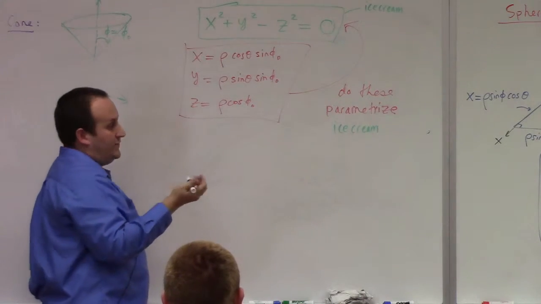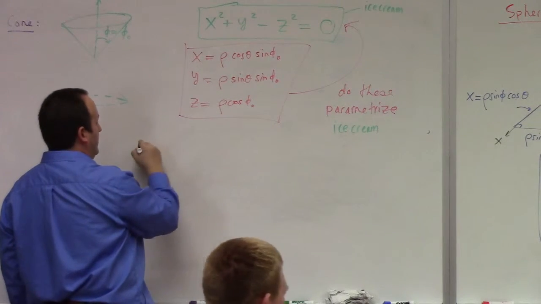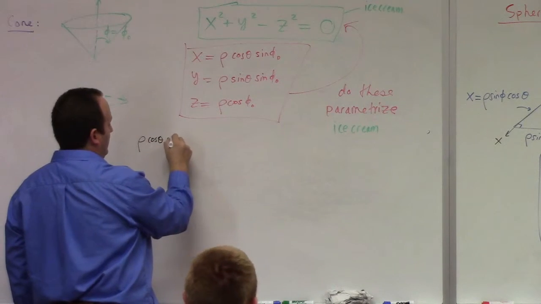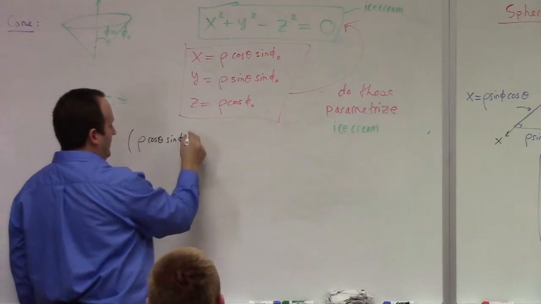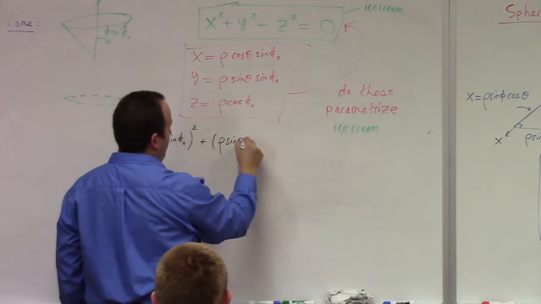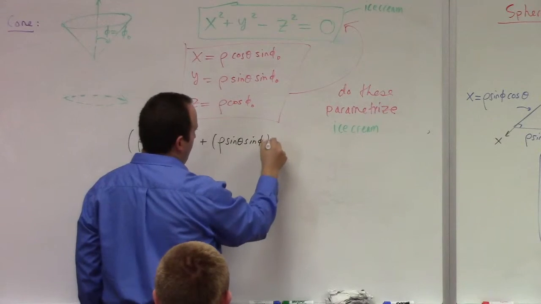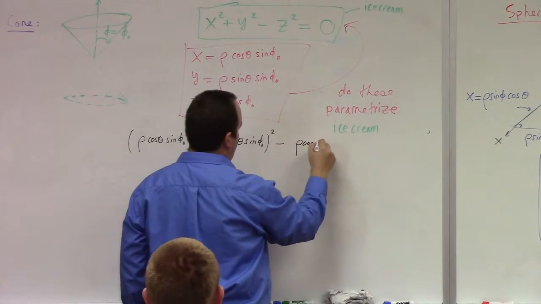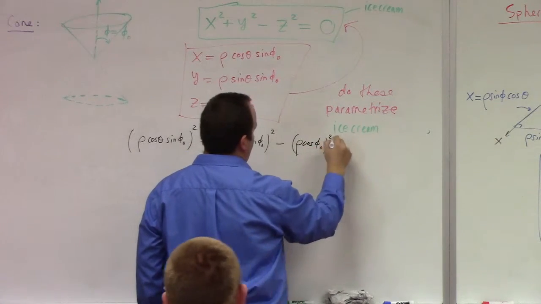Does it work? I don't know. So we got rho cosine theta sine phi naught quantity squared. That's my x squared, right? Rho sine theta sine phi naught quantity squared minus rho cosine phi naught quantity squared.